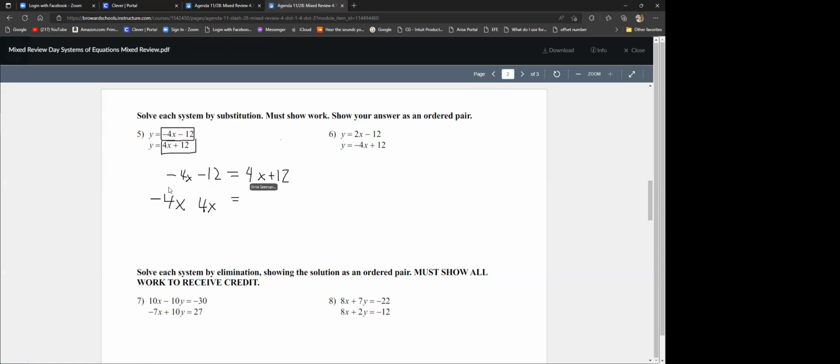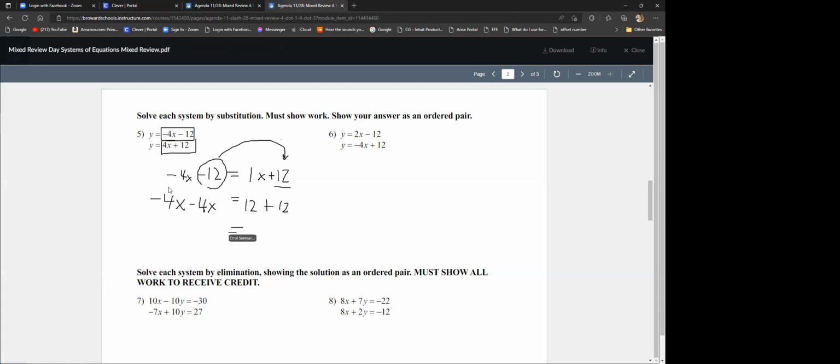Okay, so this one was positive on the right side. So when we move it to the left side, it'll be negative. Now this negative 12, when we move it to the right side, it's going to be what? It'll be positive. Positive, there you go.